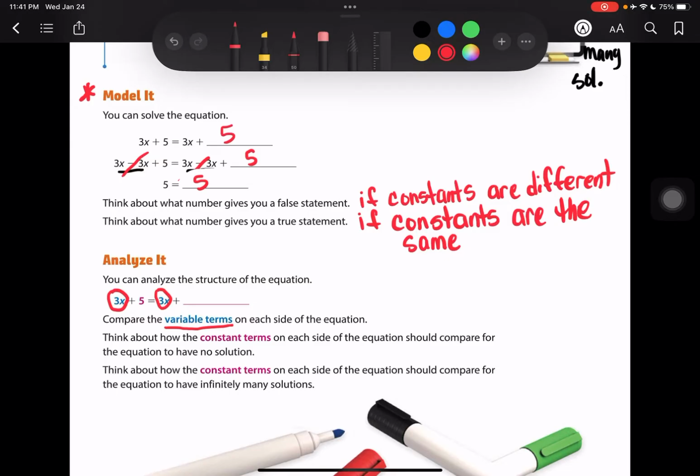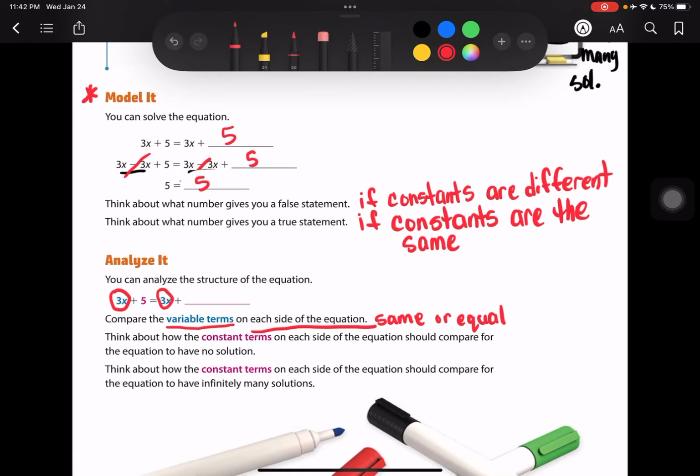Both are the same on either side. The variable terms are the same or equal on each side of the equation. That's important information for you to know. It said think about how the constant terms on each side of the equation compare to the equation that has no solution. Remember they compare because the constant terms are different.